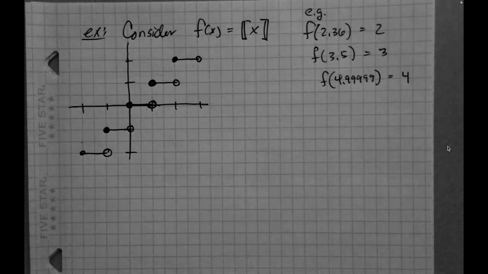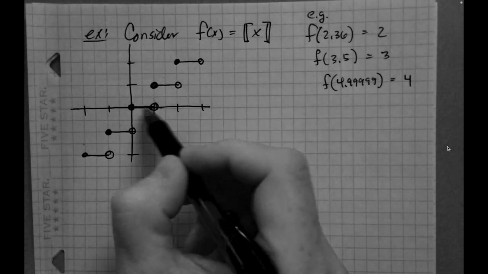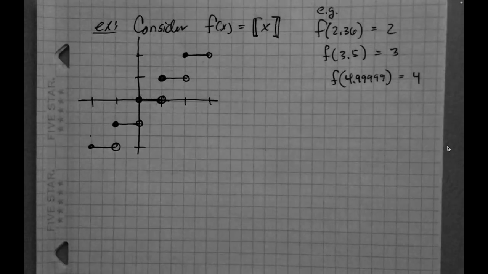So first of all, are these removable discontinuities? No way. There are an infinite number of them, so the function would have to be redefined at an infinite number of discontinuities to even think about it. Additionally, there are gaps here, so there's no way to plug this hole and also have the limit agree left and right.